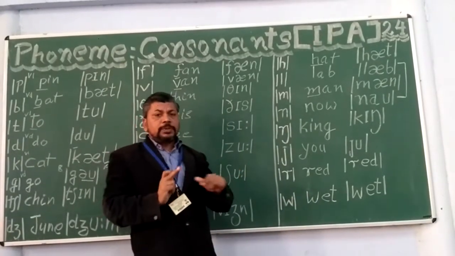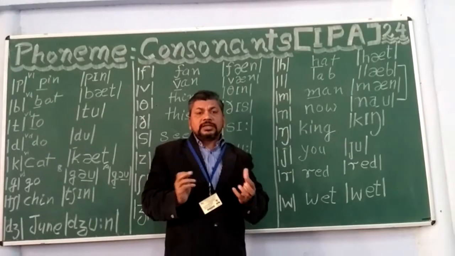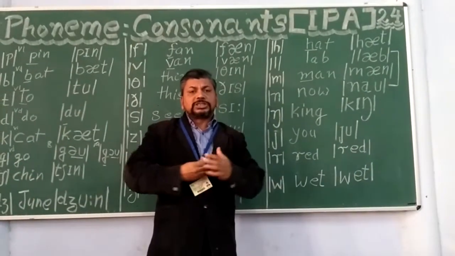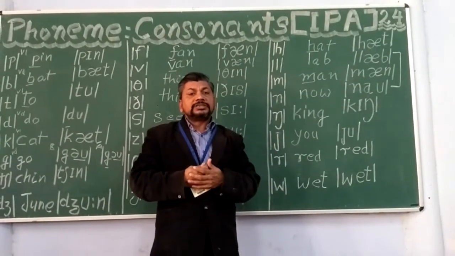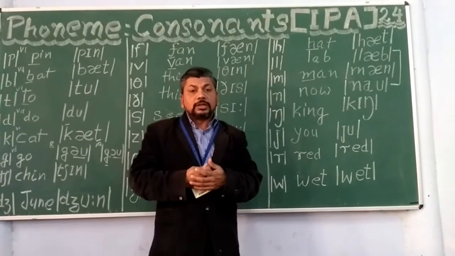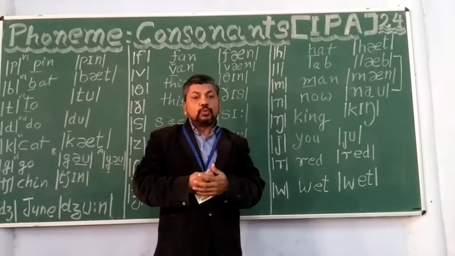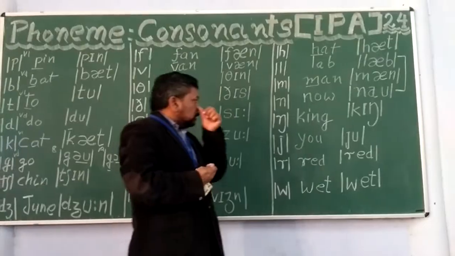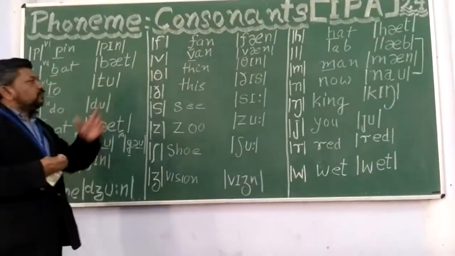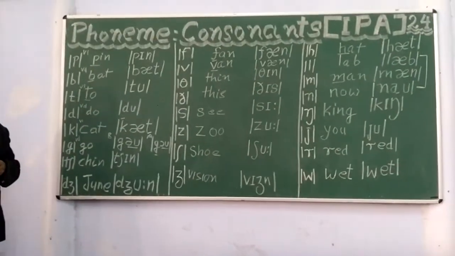The wa sound is a typical consonant sound and it needs a lot of practice to be spoken, as it requires lip rounding. So wa as in wet. And these are the list of 24 consonants.